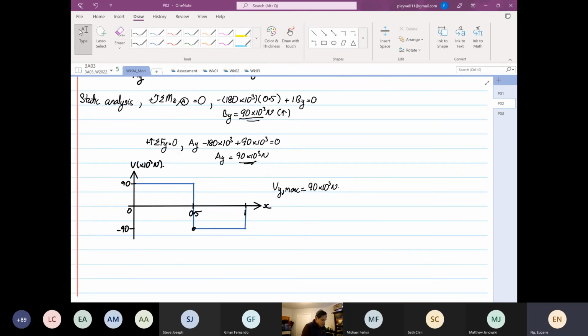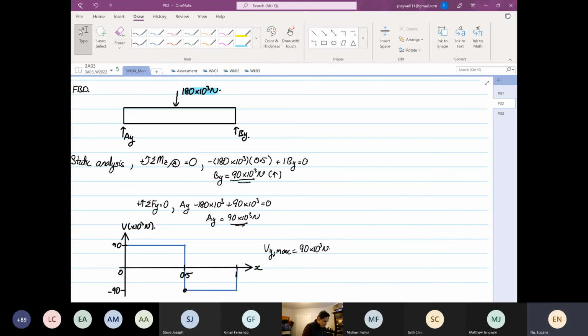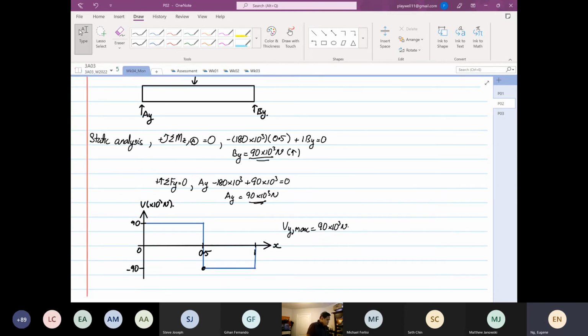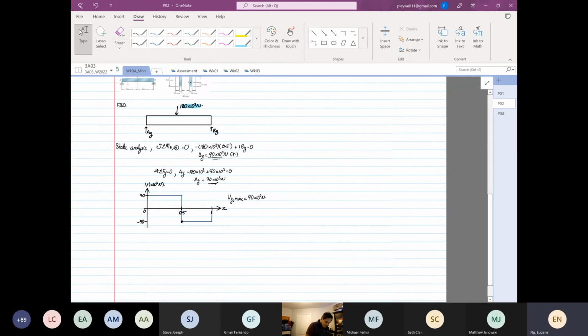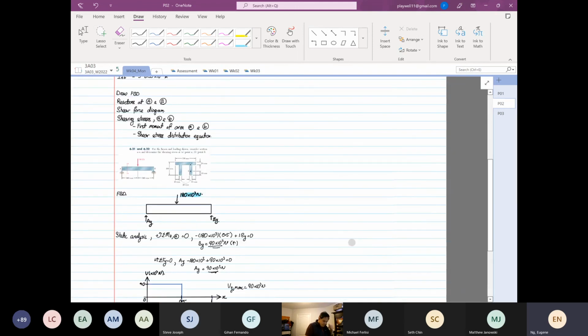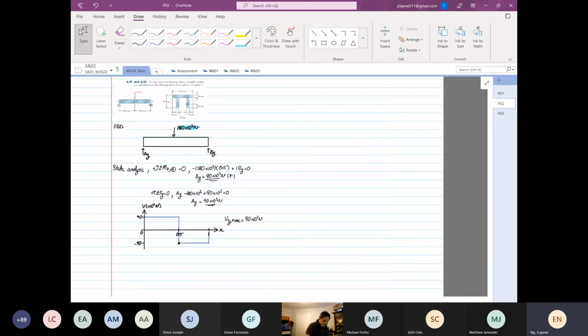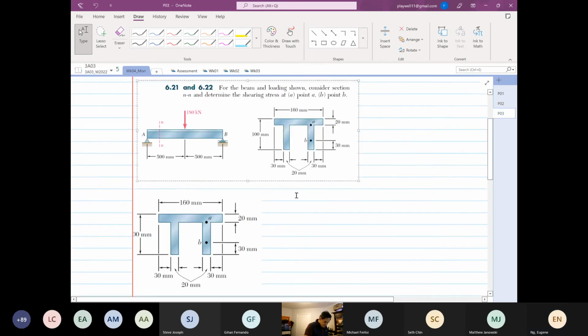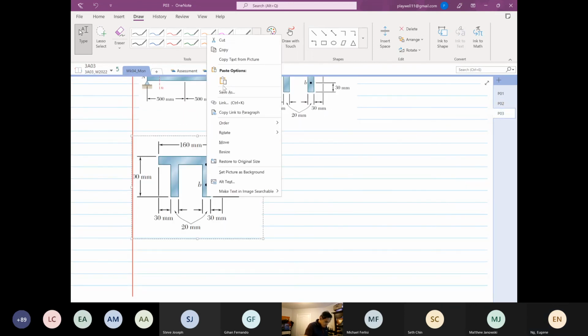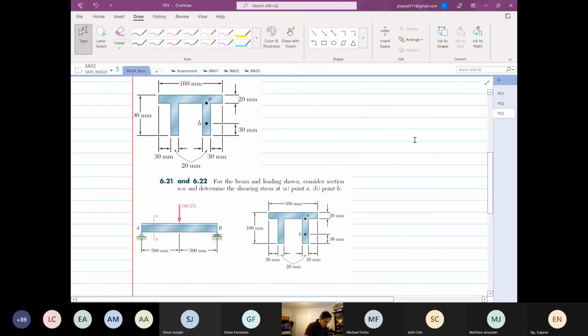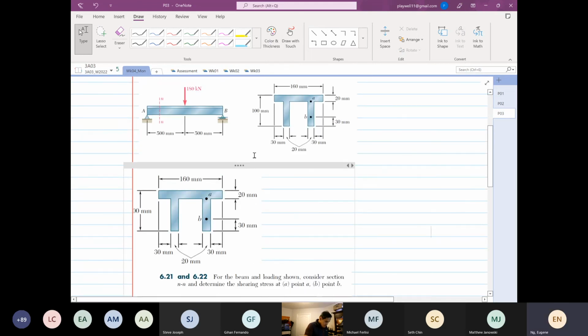So now we are going to find our shearing stress at point A. What I'm going to do is use another diagram that I would like to use.